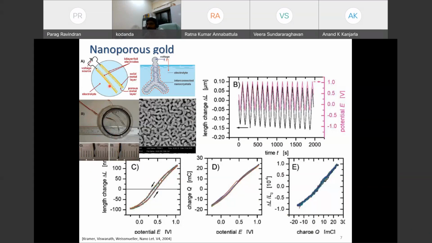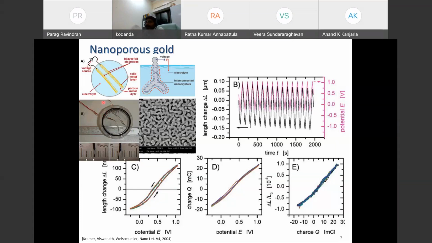The de-alloying was done partially in this thin film, so there is a slight backbone of solid alloy left over here, and then a huge portion of porous material on top of it. That gives better mechanical integrity. A similar leaf is also placed on the other side, and they applied a voltage potential difference across the two. It was kept in an electrolyte.